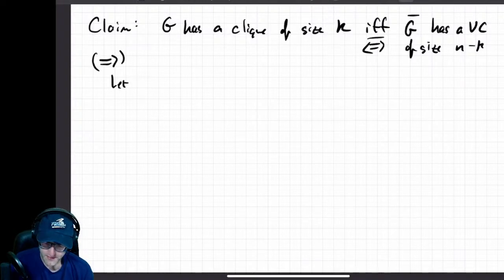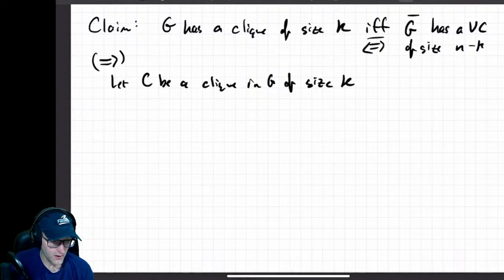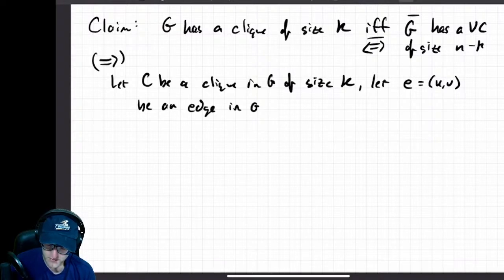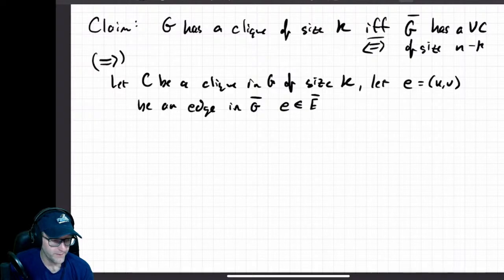I'm going to let C be a clique in G of size k. Let e, and its endpoints named u and v, be an edge in G complement. In other words, e is in the complement edge set. Okay?